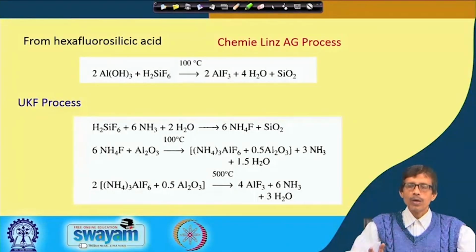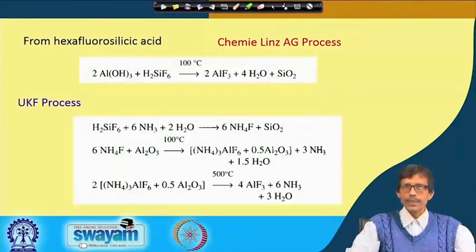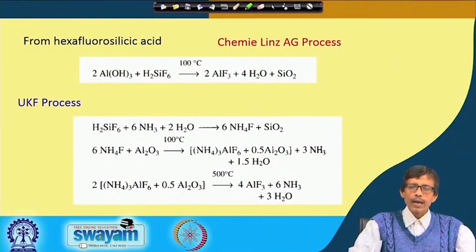So, some amount of bauxite is still remaining, because the inherent character of the second reaction, which takes place at 100 degree centigrade, is such that whatever amount of ammonium fluoride you increase, you may not go beyond that.